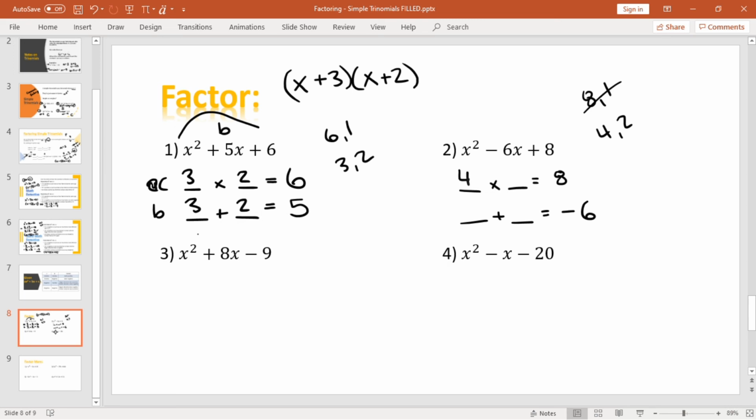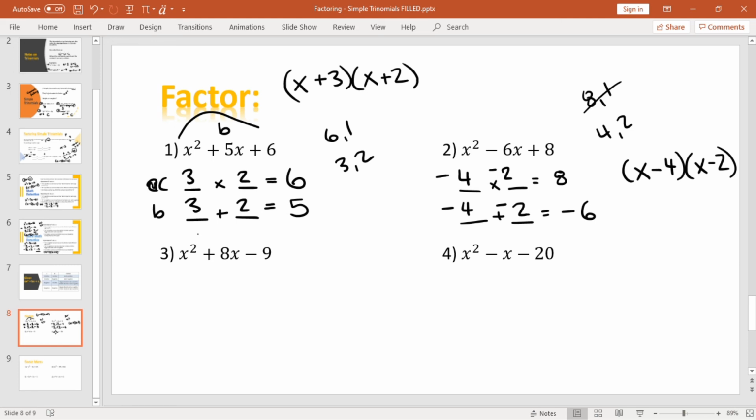So 4 times 2 is 8. 4 plus 2 is 6, but I need to make negative 6 and positive 8. Everything's negative. And my factored form of x squared minus 6x plus 8 turns into x minus 4, x minus 2.